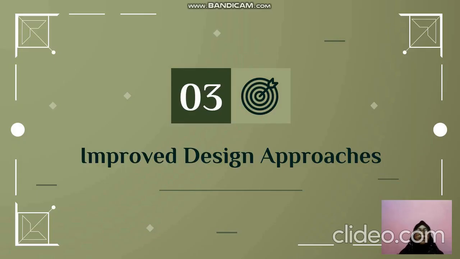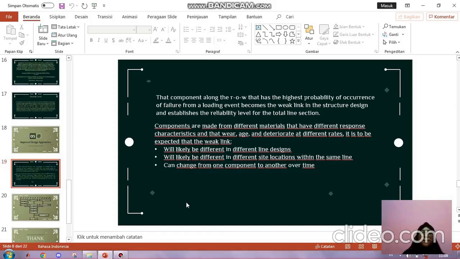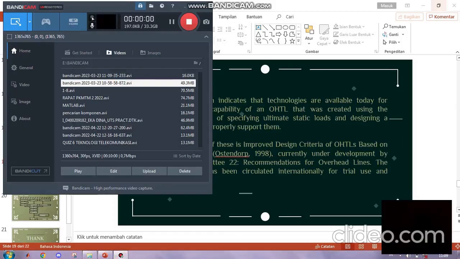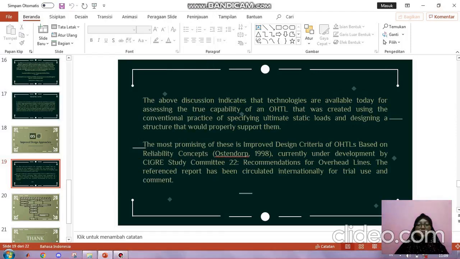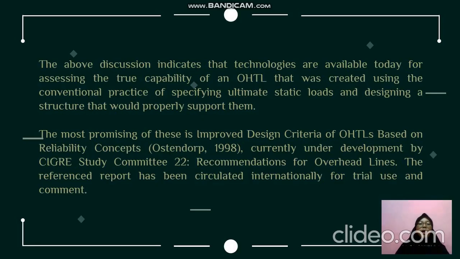Okay, the next is number 3, improved design approach. The above discussion indicates that technologies are available for assessing the true capability of an overhead transmission line that was created using the conventional practice of specifying ultimate static loads and designing a structure that will properly support them.